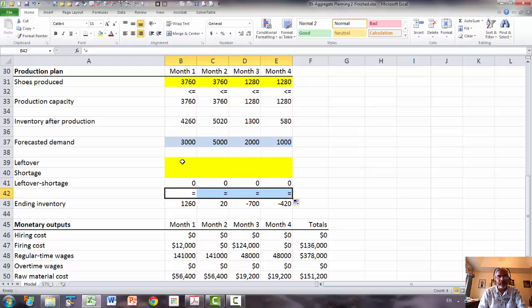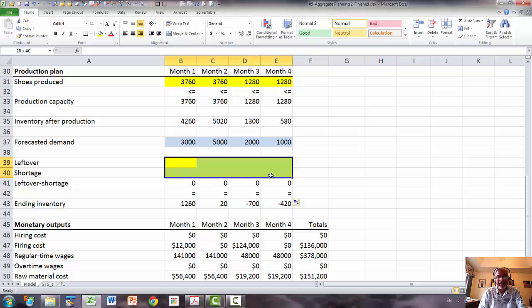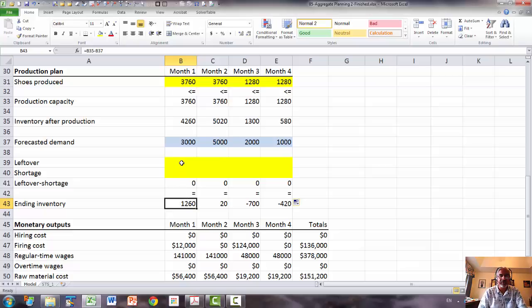And now if you set a changing cell and force the difference between the leftover and shortage to be equal to that ending inventory, then Excel Solver will have to separate them out. So if this is positive, it will put the leftover at 1260 and that will be equal.